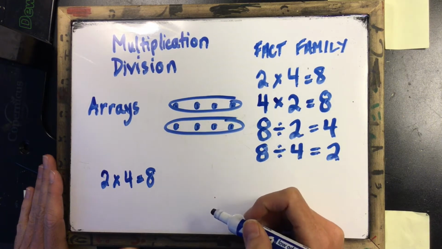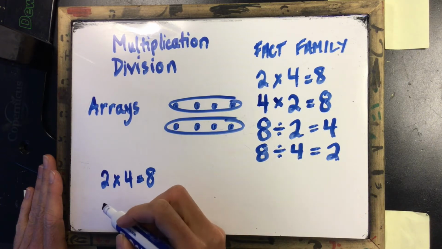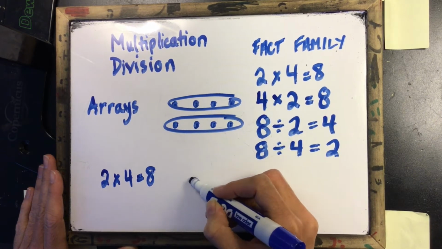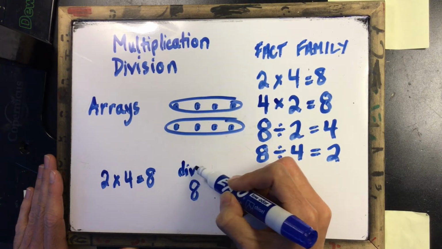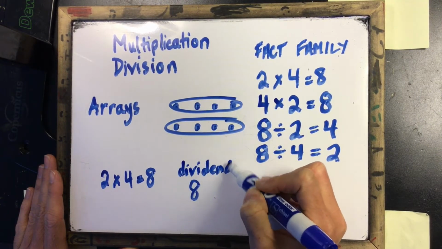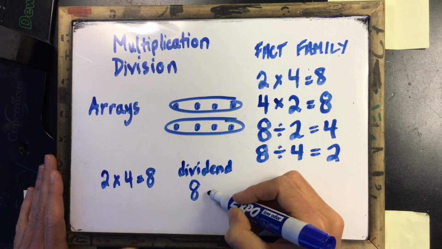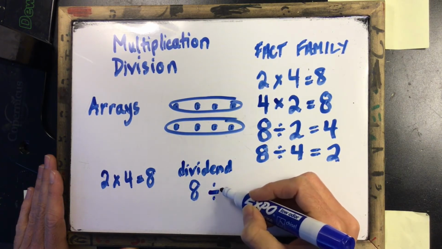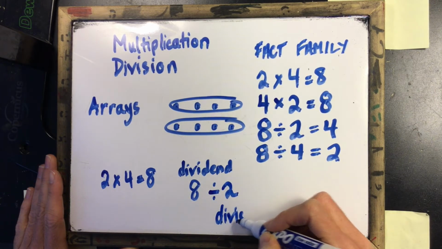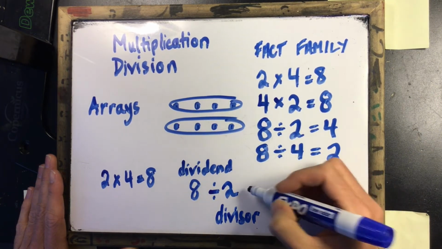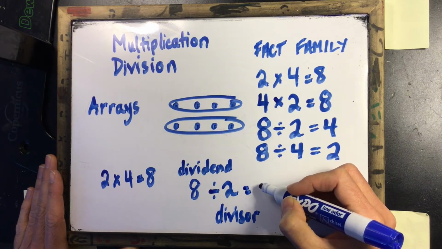When we are working with division, we are also talking about the dividend, okay? So this is the dividend. And then we have the divisor, okay, the divisor. And then we have the quotient, okay?